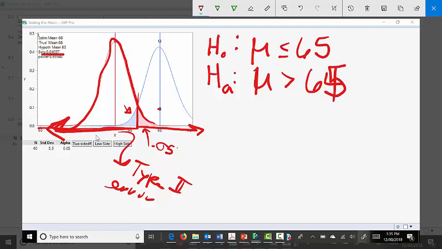That's because these distributions have this much separation. One of the things that plays into power is how big of a difference you want to be able to detect. If the difference is very small, these are close together, you're not going to have as much power. If they're spread out, it's easier to detect that scenario.